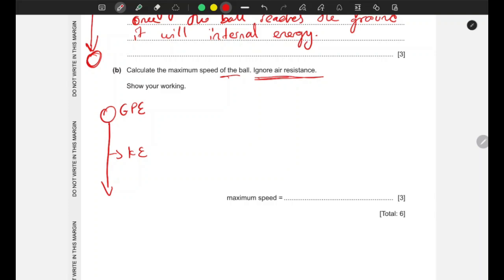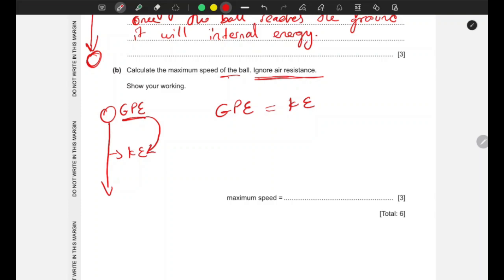So maximum speed is when all the gravitational potential energy is transferred to become kinetic energy. So at max speed, GPE equals kinetic energy. That's what we need to know.